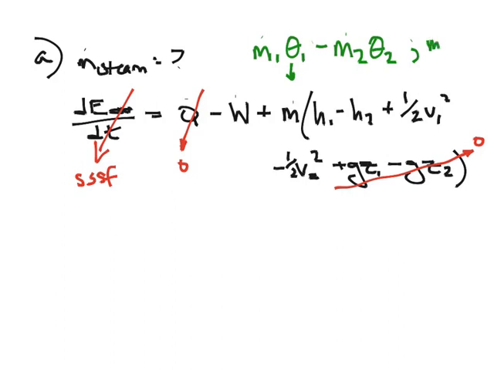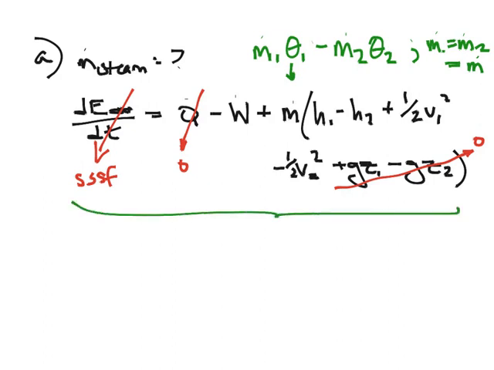Because we have a single stream in and out, we know m dot 1 equals m dot 2, which I've written as just m dot. I've expanded these thetas as the sum of specific enthalpy plus specific potential energy plus specific kinetic energy. So this is already a little bit simplified, starting from the expression for our mass flows in and out.